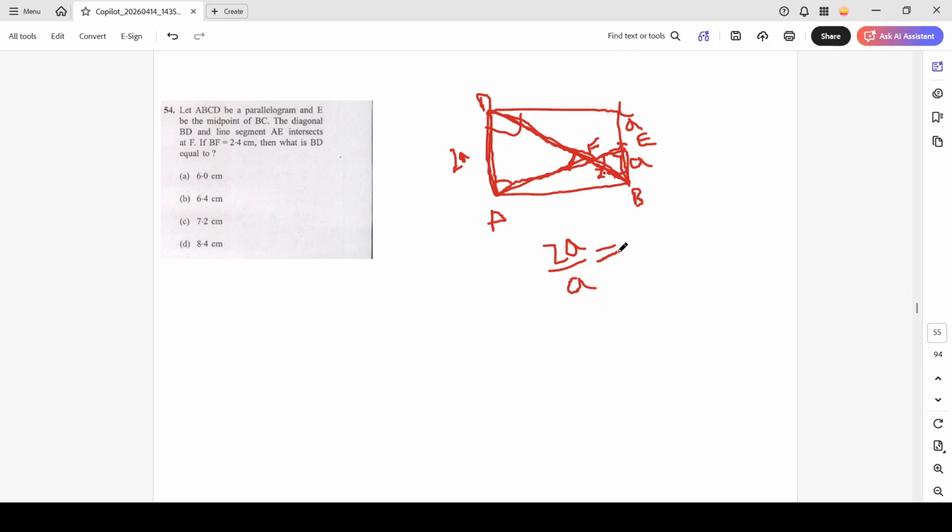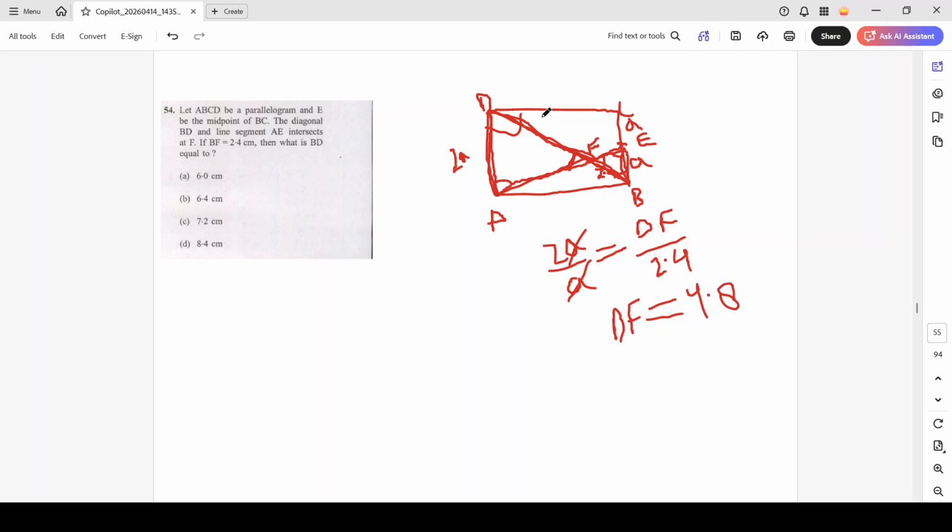Now the side opposite to this angle is DF. Now the side opposite to this angle is 2.4. Okay. A cancels out A. That means DF becomes 2.4 into 2, that means 4.8.